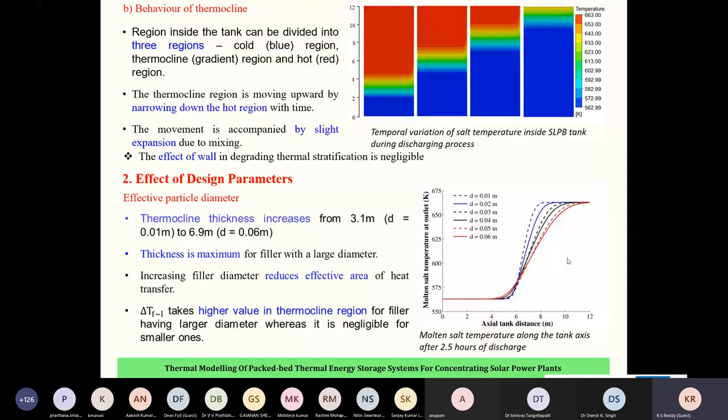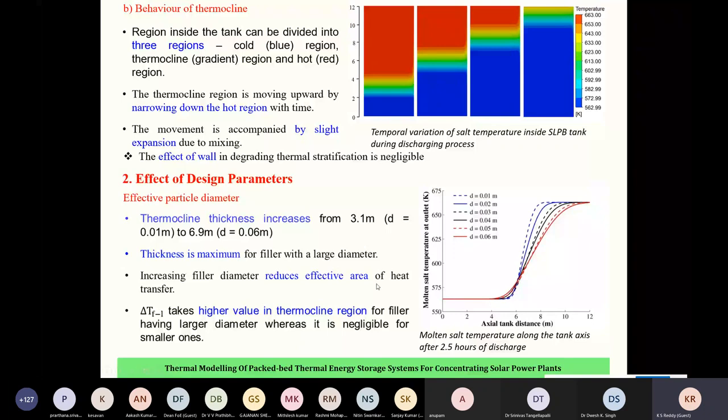So thickness and filler material sizes, all those we have seen here and optimized. So it is varied from 10 mm to 1 centimeter to even 6 centimeter size and so on.